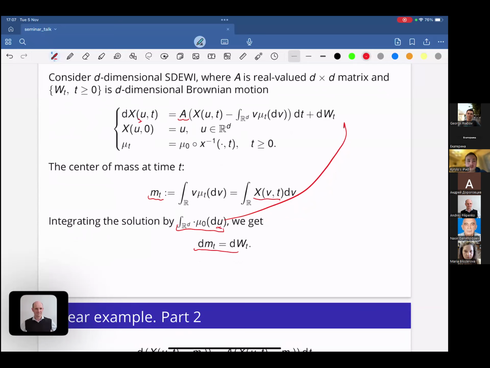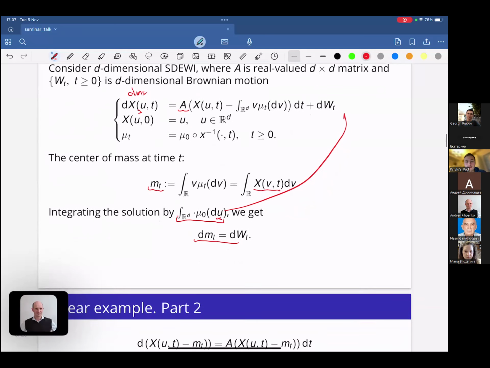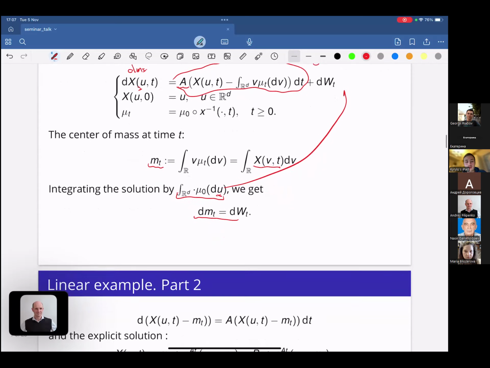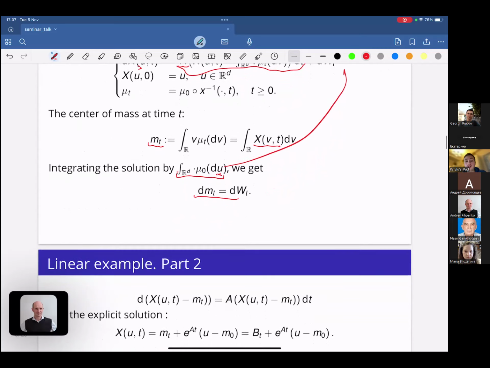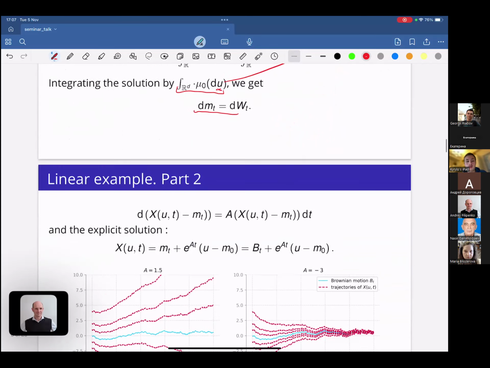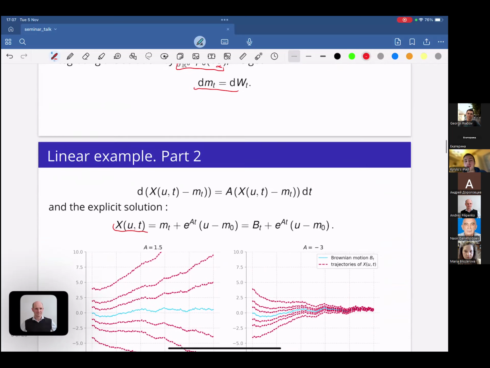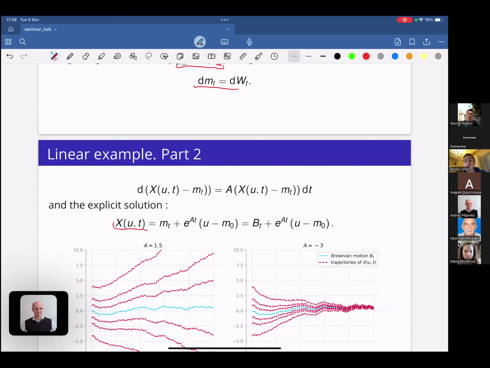Yes, and we get dm here. In this case, this part becomes 0, and we are left only with a linear process. So we can write an explicit solution. I should mention that in this case the center of mass moves like a Brownian motion.